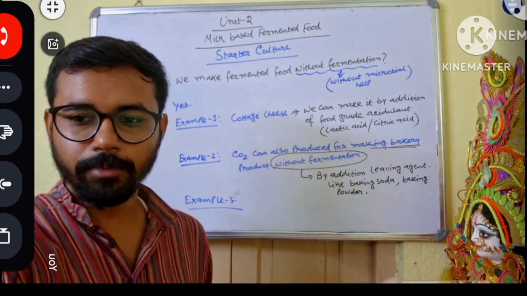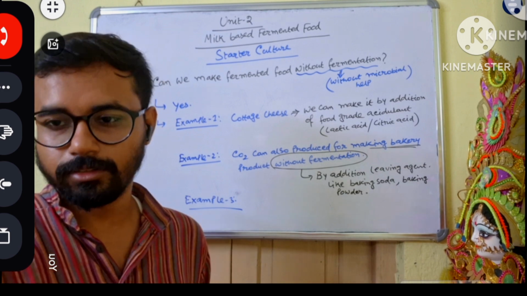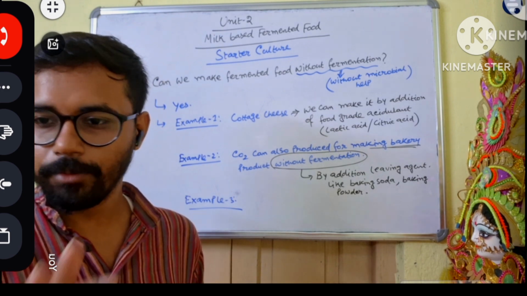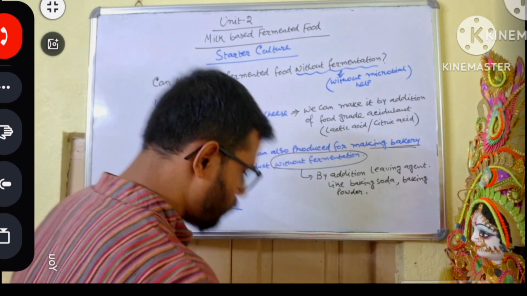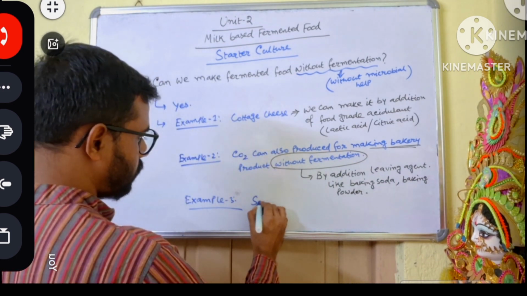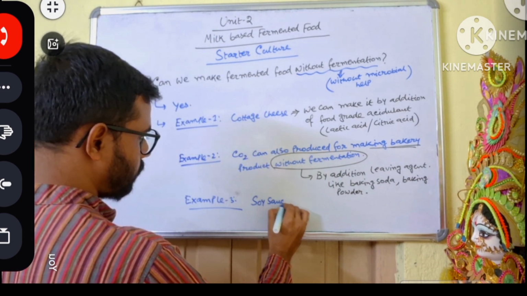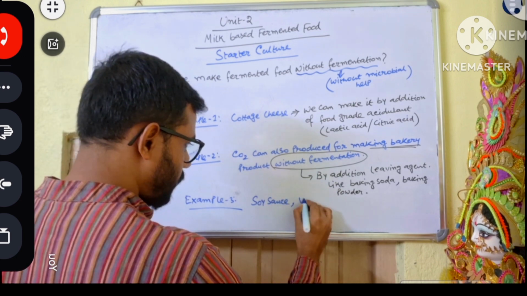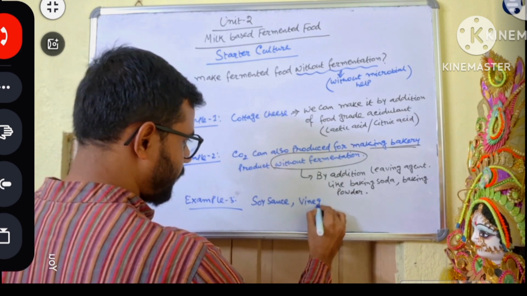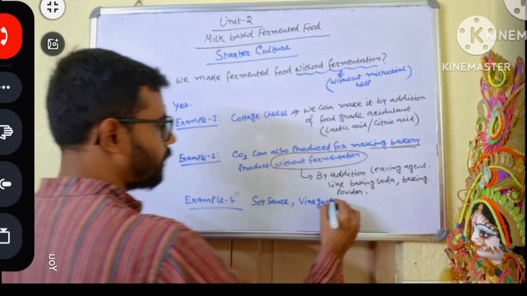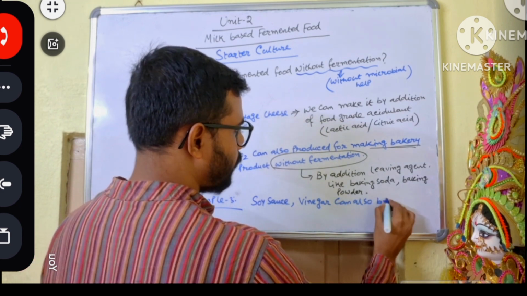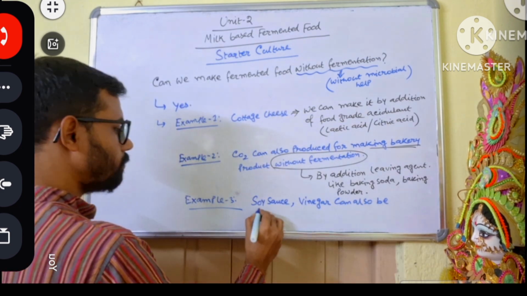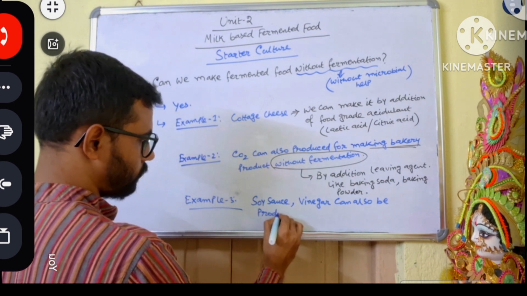Vinegar is also produced chemically by means of a simple chemical reaction, not by fermentation. Clear? So soy sauce and vinegar, that means acetic acid, can also be produced chemically on a laboratory scale by simple reaction.